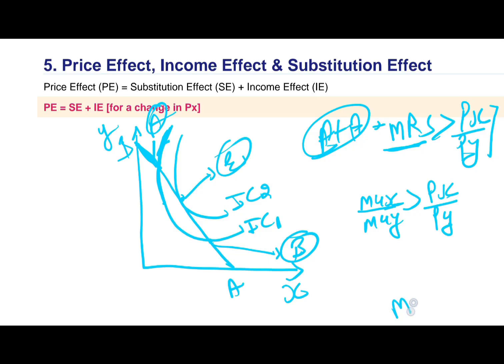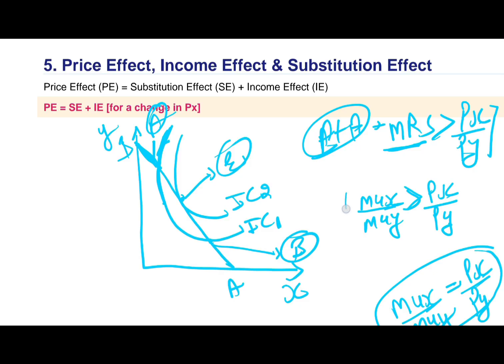We have seen that for the equilibrium condition, MUX by MUY should be equal to PX by PY. If it is greater, it means more and more consumption of X. If we consume more and more of good X, the marginal utility of good X will decrease. The numerator will decrease, and then it leads to MUX equal to MUY in ratio.